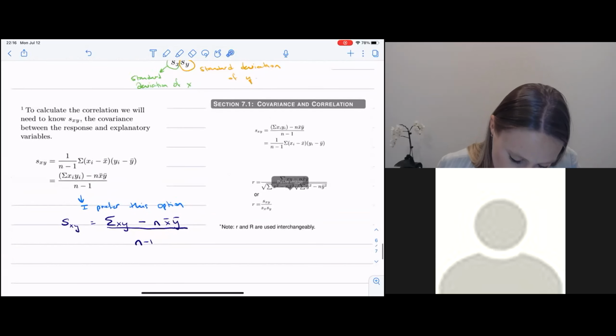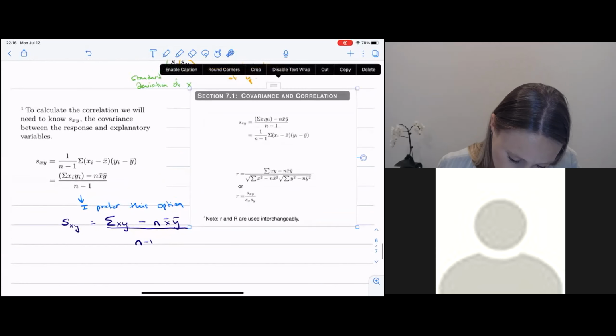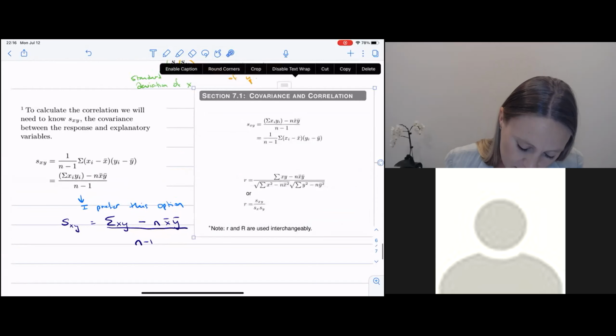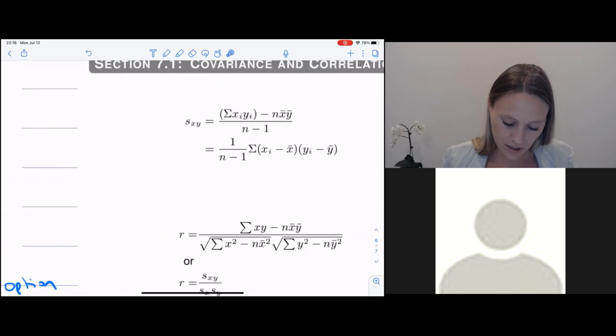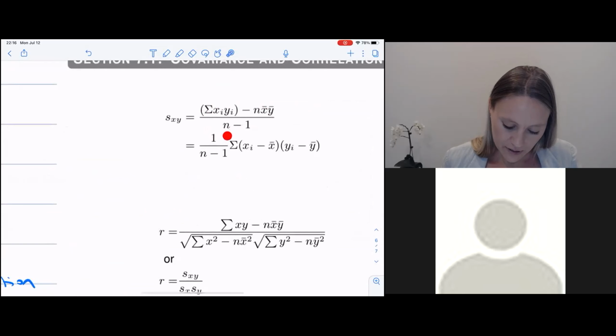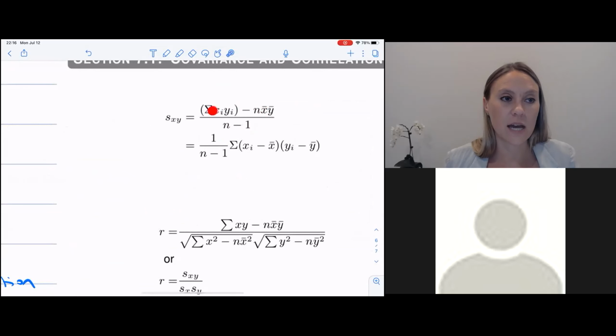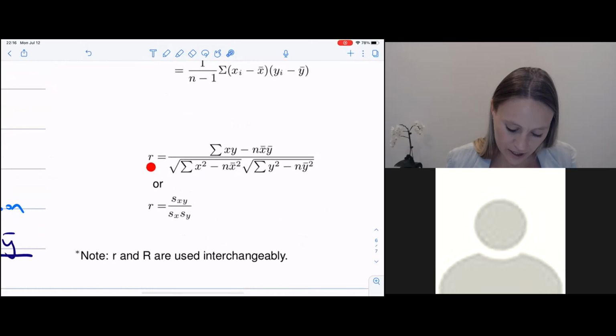Okay. I wanted to show you what it looks like on your formula sheet. I give you all of these. Right, so covariance and correlation. On this formula sheet, I have the one that I prefer up top, right? And so this is only if you have to calculate the covariance. Or the correlation, if you need to calculate the correlation, you have two options.